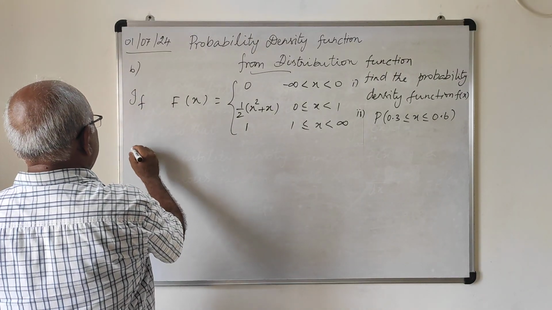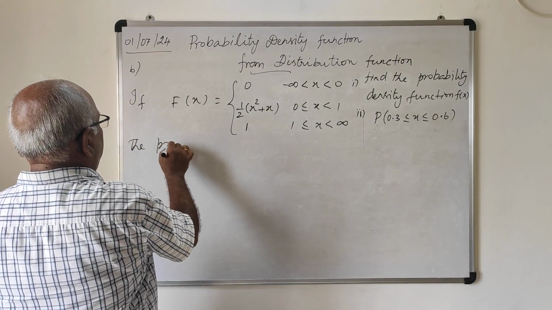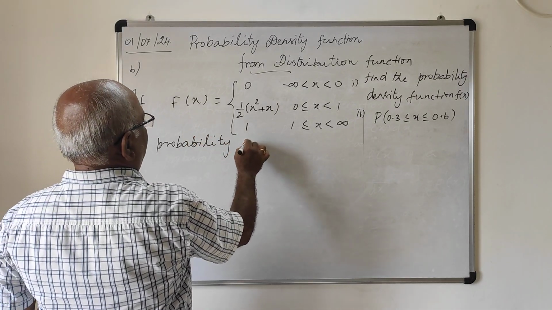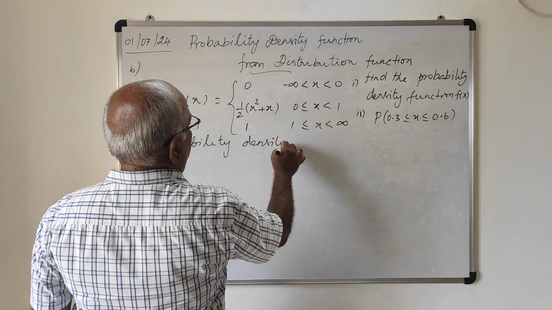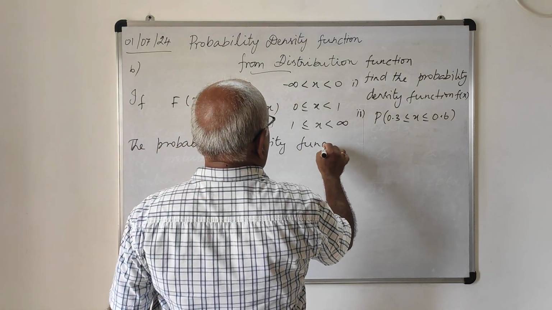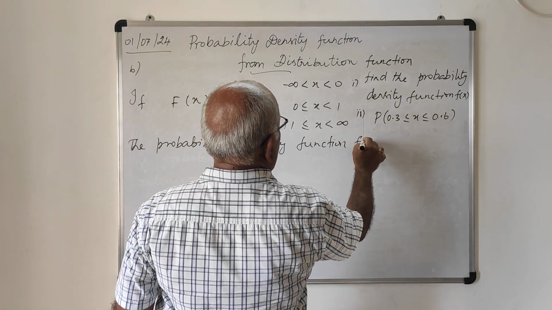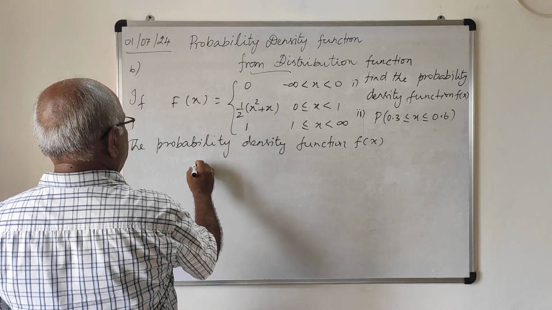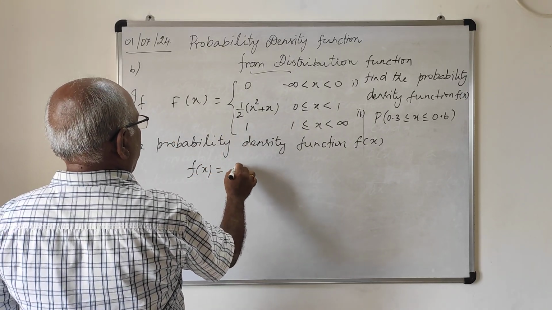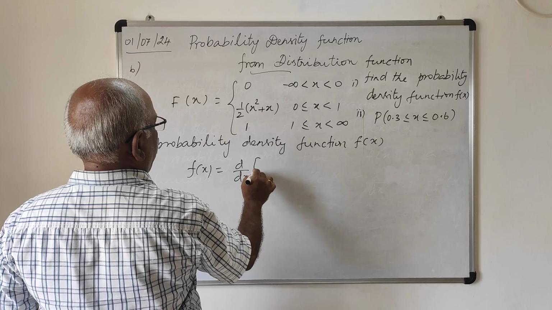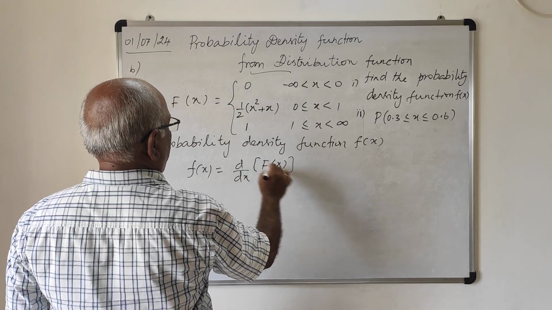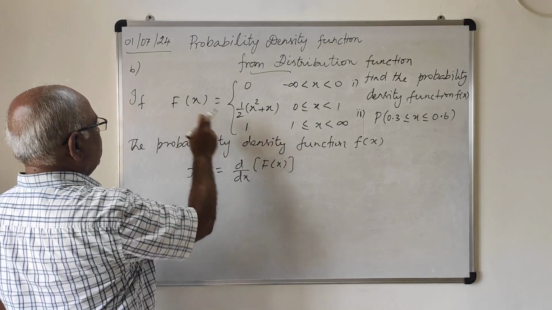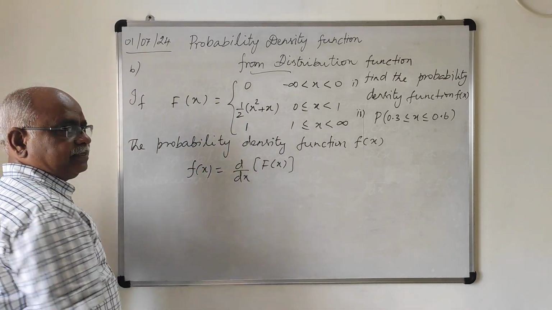We know that the probability density function small f of x, if capital F of x is given, is d by dx of the distribution function. To find the density function, we have to differentiate the distribution function with respect to x.